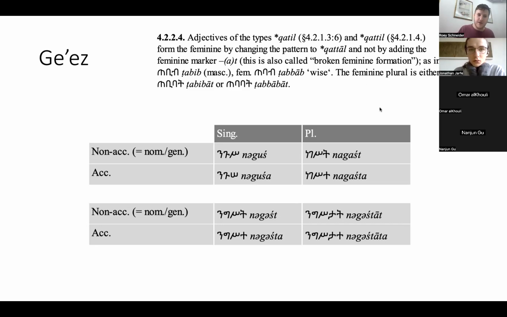I do not really have an explanation for this. It is a very interesting case of ablaut or vocalic rewriting for feminine marking. Any question? This word nagus means king.